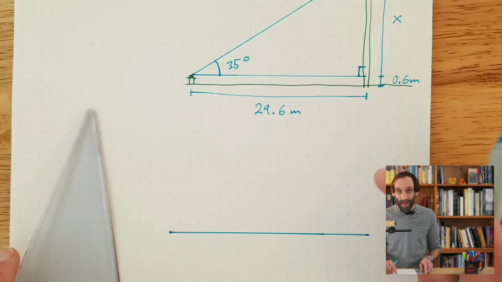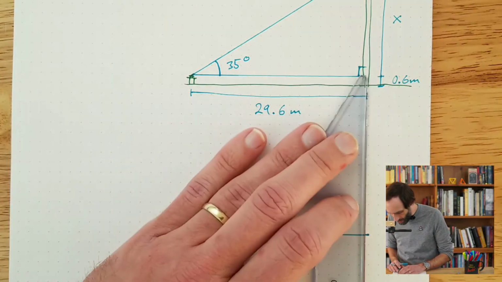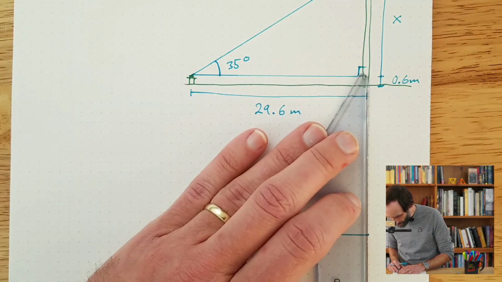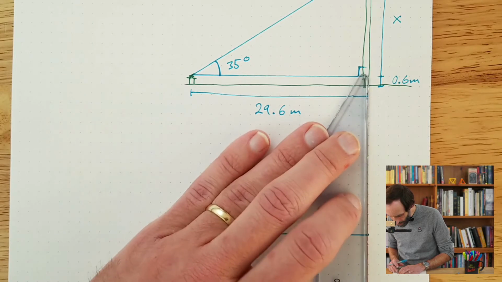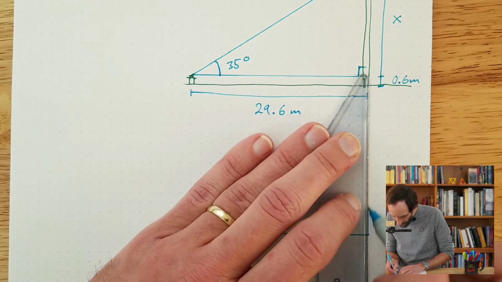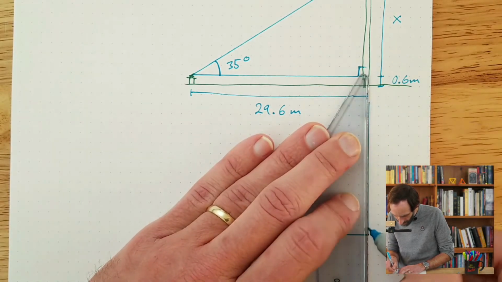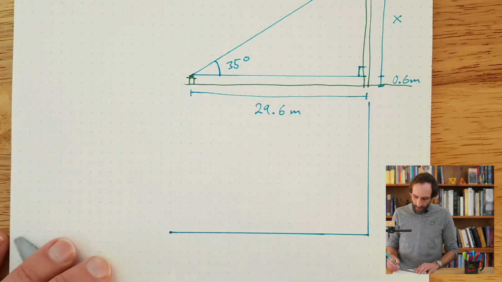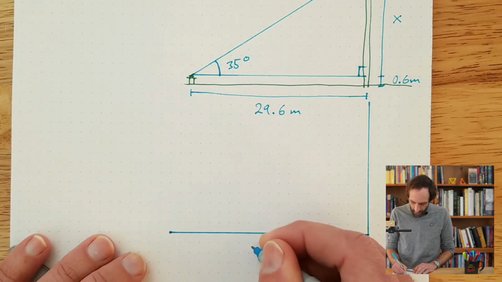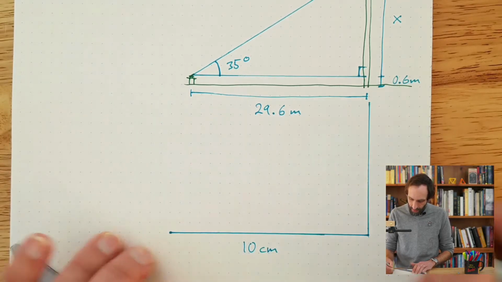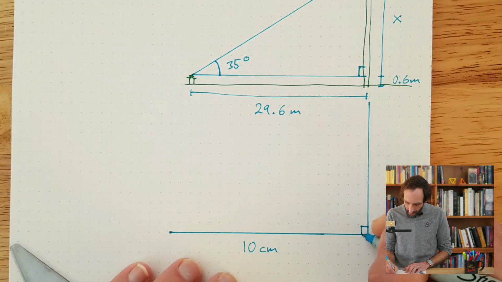And I can use the dots on my dot grid paper to draw a perpendicular. Okay, so let's go ahead and line this up. Draw that perpendicular. Now I know that this length right here, the base, is 10 centimeters. And I know this is a right angle.